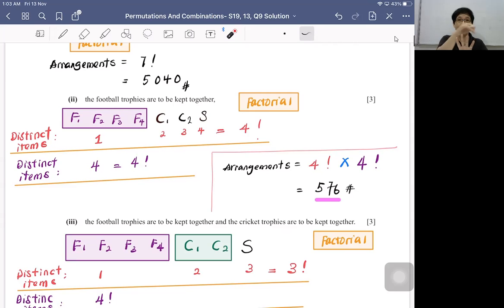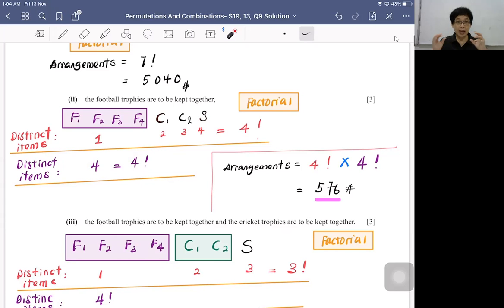There could be another 4 factorial, because each of them is considered one distinct item by itself. How many ways can we arrange among the football trophies? We get it by 4 factorial.